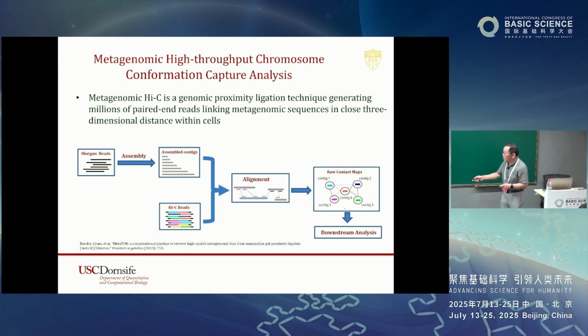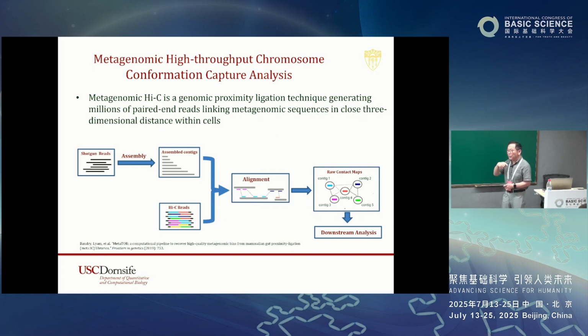Okay? And then from here, we get to mathematics. Now we construct the graph, and the nodes indicate the contigs, the edges indicate the number of Hi-C links between this pair of contigs.